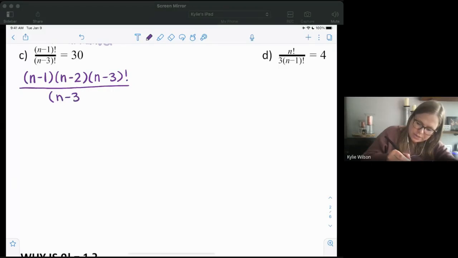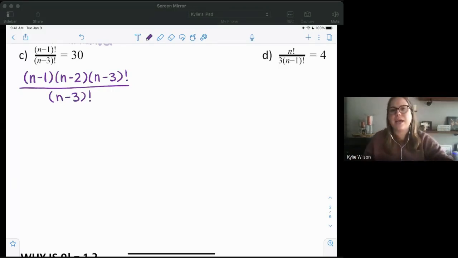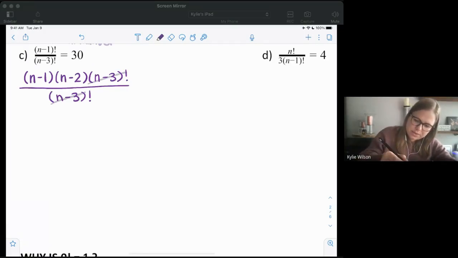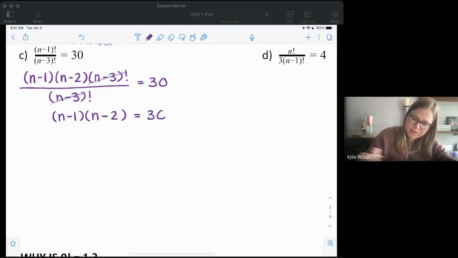The reason I knew to stop at n minus 3 was so that it cancels out with the denominator. Then I'm just going to cancel those, still equal to 30, and I'm left with n minus 1, n minus 2 equals 30.